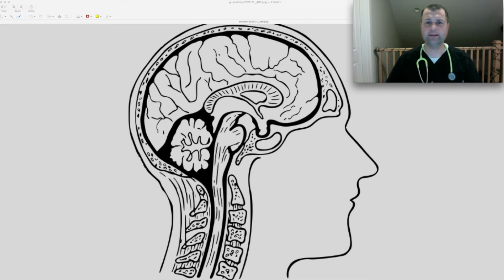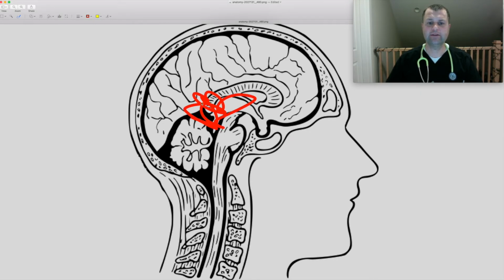A head bleed is different than a concussion. A concussion, we talked about where you have the neurons talking to each other and that gets disrupted, and so you get those symptoms. A head bleed is actually a more serious condition. You can get bleeding in the middle of your brain.